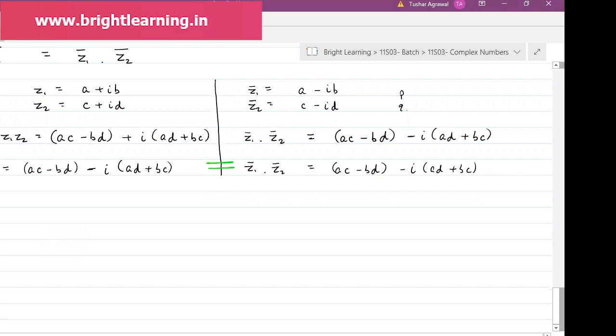The last thing is for division. Z1 upon Z2, you divide them. After division, take the conjugate. It is the same as the conjugate of the numerator divided by the conjugate of the other complex number. This part I leave to you.